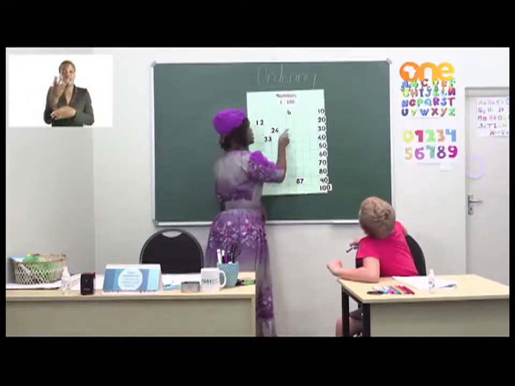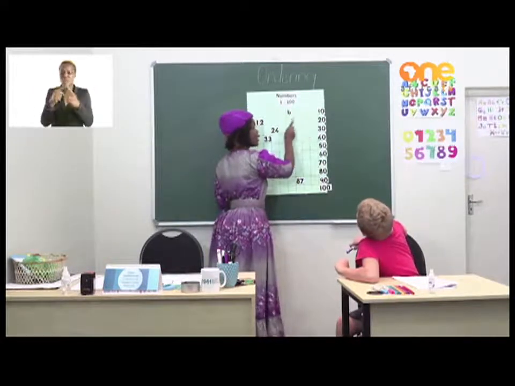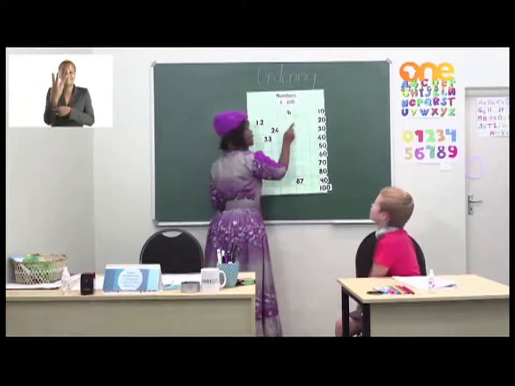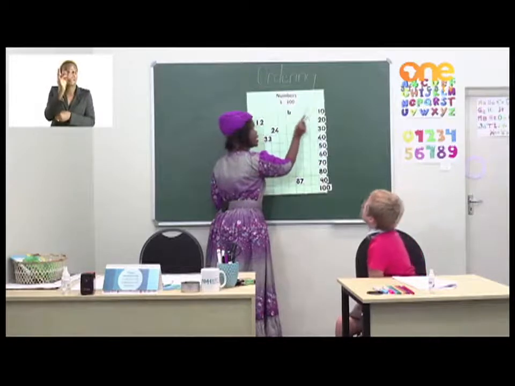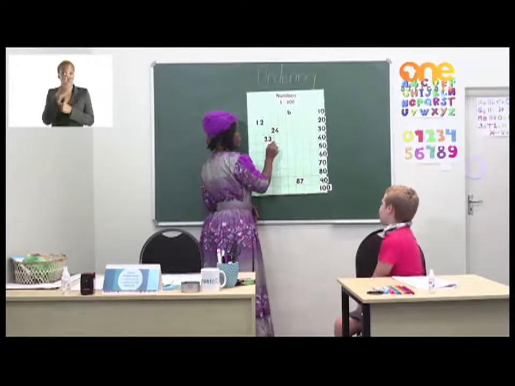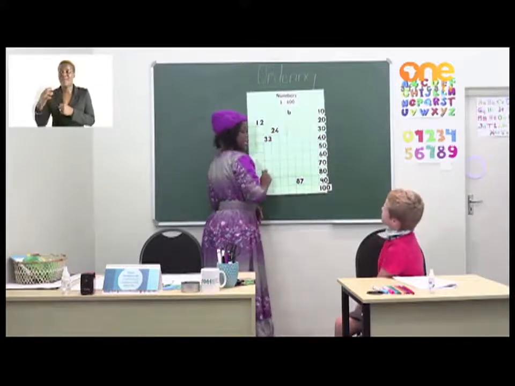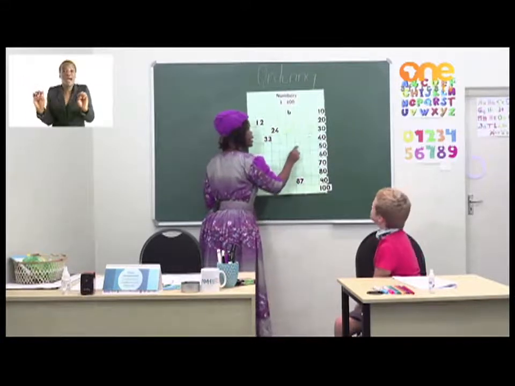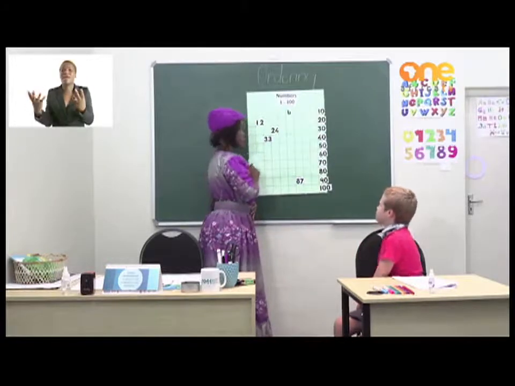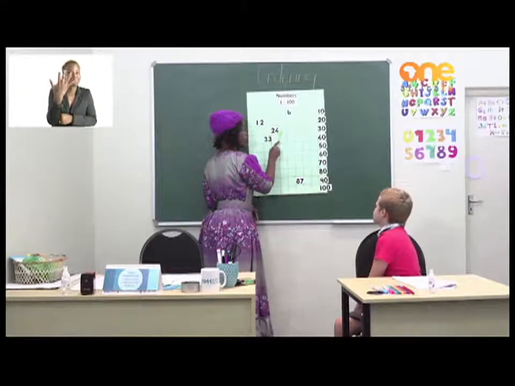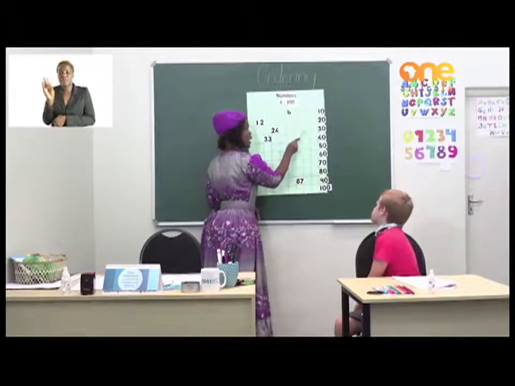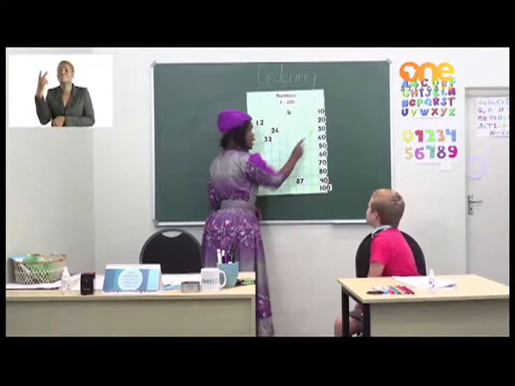Now, between 6 and a 10, how many numbers do we find there? 3 numbers, which are 7, 8, and 9. Okay, now let's quickly look here. We have a 24 and a 30 here. How many numbers do we find here between 24 and a 30? 5 numbers, and they are 25, 26, 27, 28, and 29.